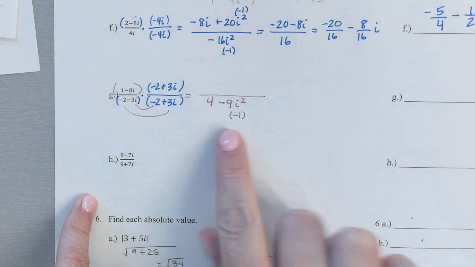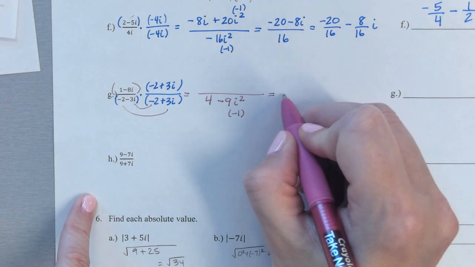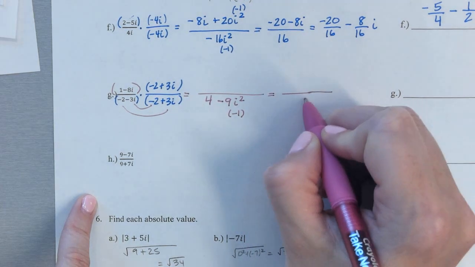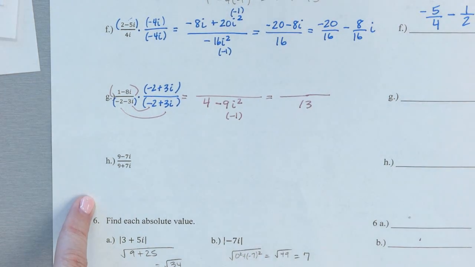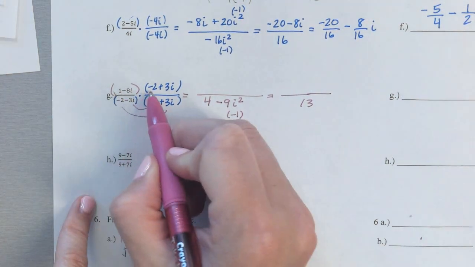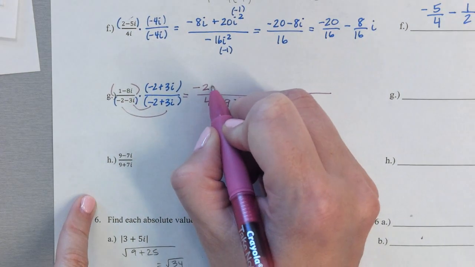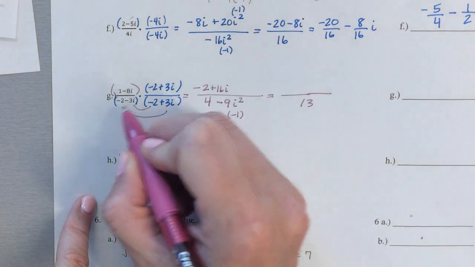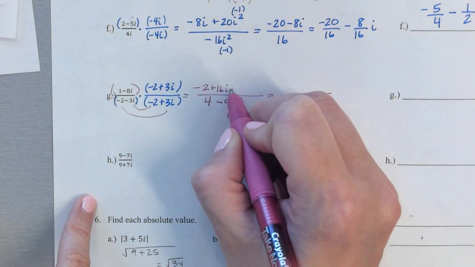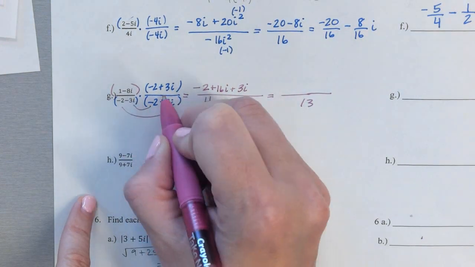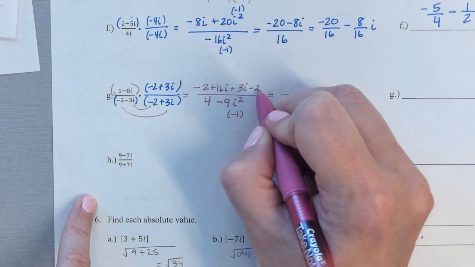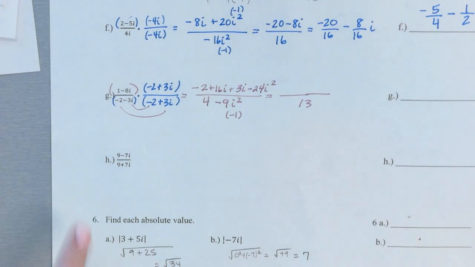I like to plug in my negative 1 right away, so I know it's 4 plus 9, which is going to be 13. And then on the top, 1 times negative 2 is negative 2. I like to do the inside next, which gives me 16i. 1 times 3i is 3i. And then a negative times a positive will be negative 24i squared.